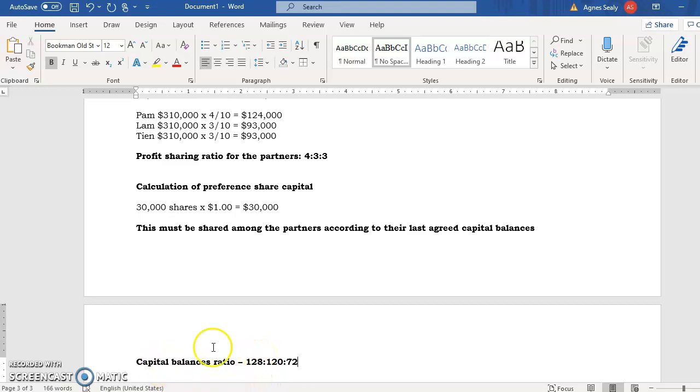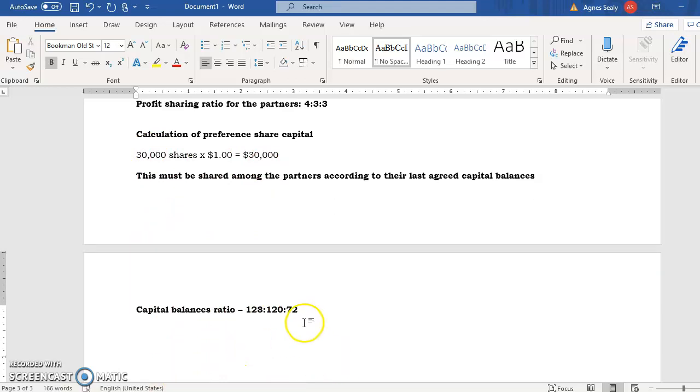So we are going to share this $30,000 in that ratio. Pam would be $30,000 times 128 divided by 320. Lam will be $30,000 times 120 divided by 320. And Tien will be $30,000 times 72 divided by 320.